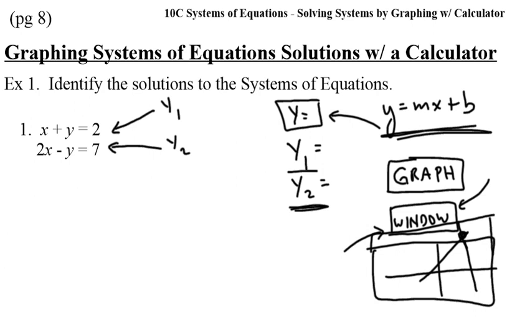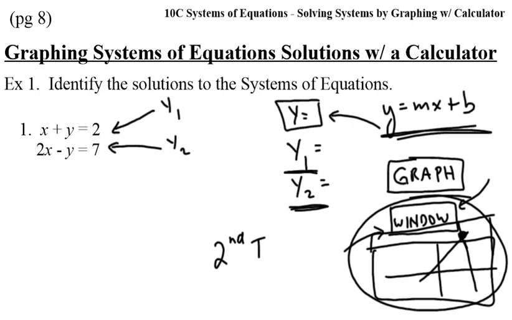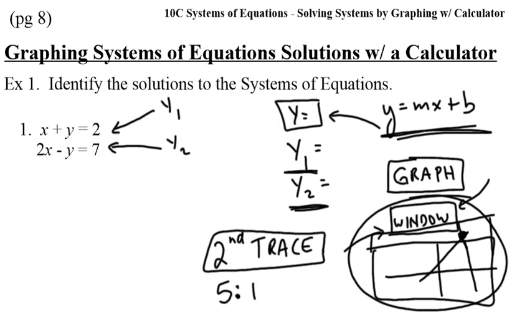Here's where it gets different. Once we see our point of intersection on our calculator display, we're going to do second trace, like we did for the x and y intercepts. But after second trace, we need to choose 5 intersect, because we want the intersection point of these two lines.